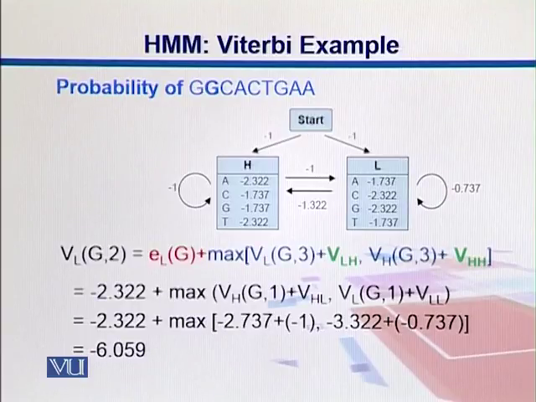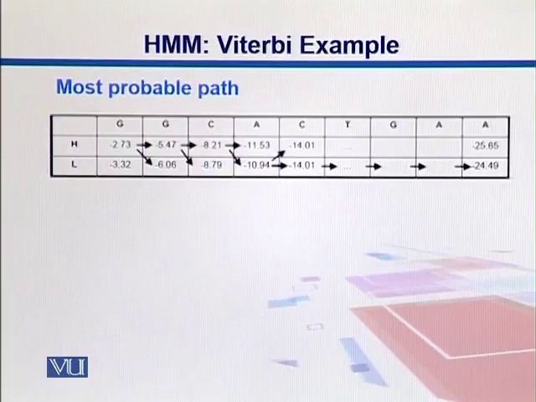So, since we are looking for the most probable path, we are looking for the maximum values. So the first possibility, coming from state H, is higher. We do the same for all nucleotides, and in the end we fill in all those options.